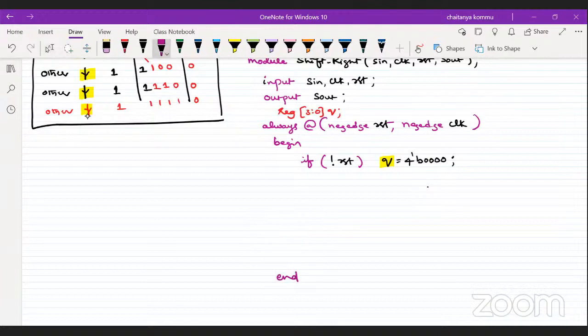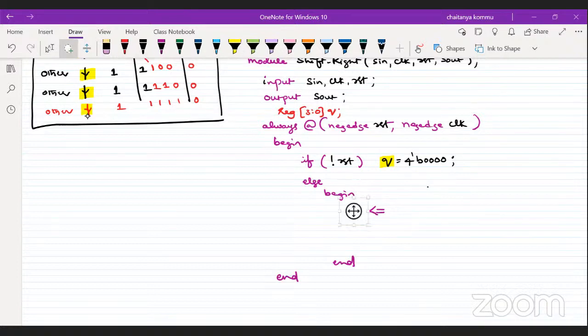See here, else, if it is not the case, let us begin here. So if that is not the case, a very important thing that I'm writing here is called a non-blocking statement. Q3 is assigned by, of course, you should not write like this.